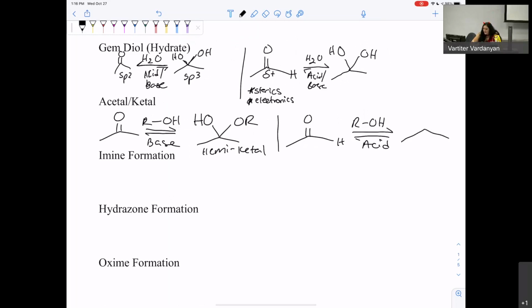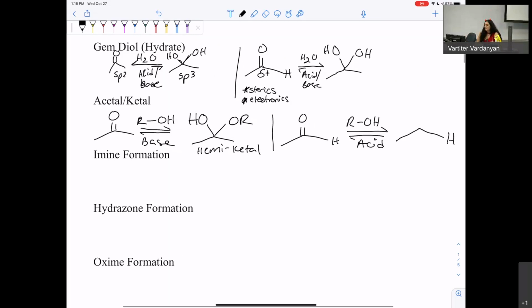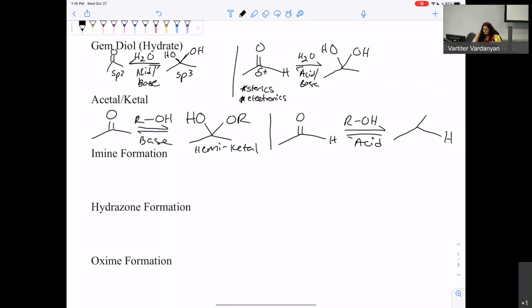The reason it wouldn't be a hemi is because we're going to go all the way to the final product. So it does form the hemi in between the steps, but it doesn't stop there. So the best answer would be acetal. And so what are the two groups coming off of the acetal? 2 OR groups, absolutely. Cool.